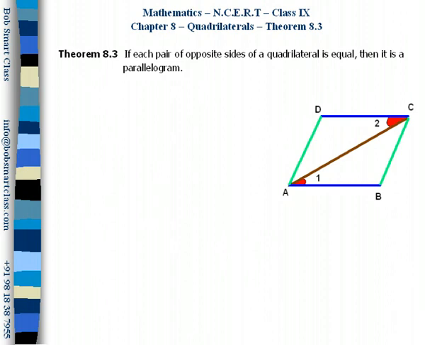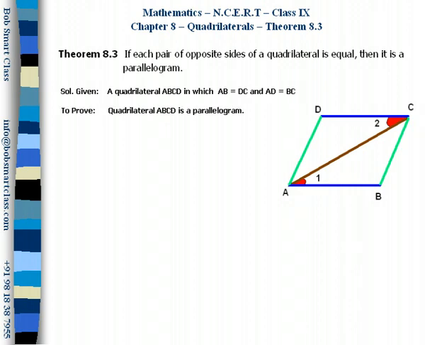Next theorem is 8.3. If each pair of opposite sides of a quadrilateral is equal, then it is a parallelogram. Solution given. We have a quadrilateral ABCD in which AB equals DC and AD equals BC. These are opposite sides.